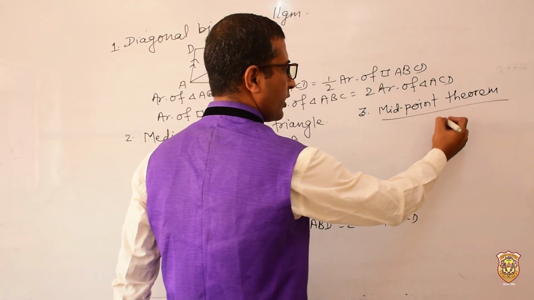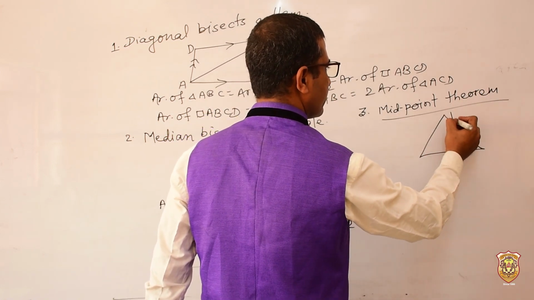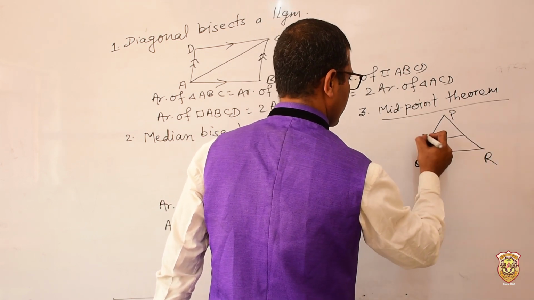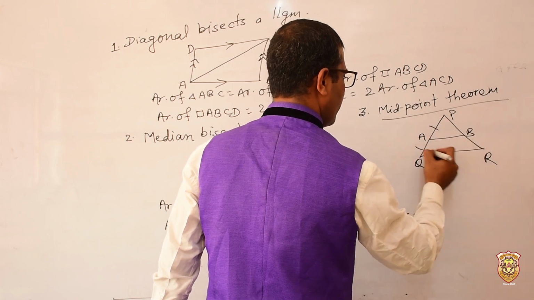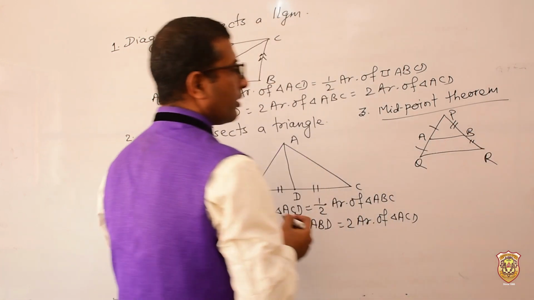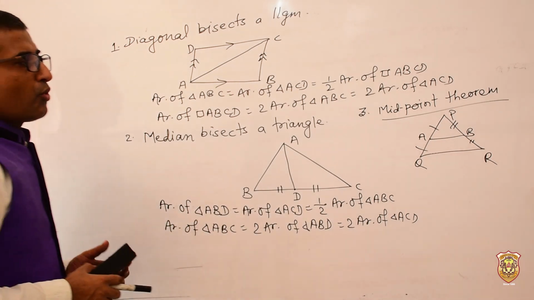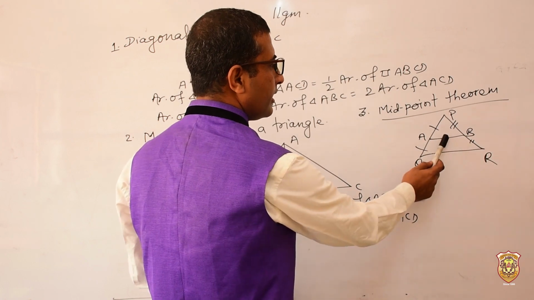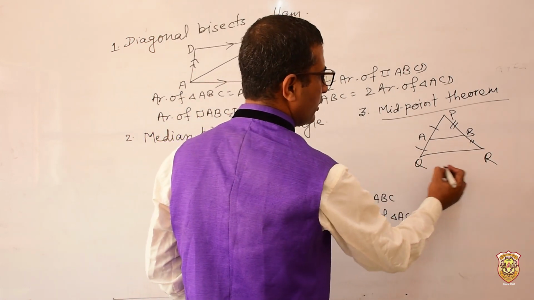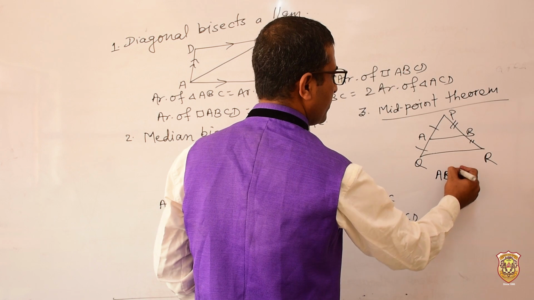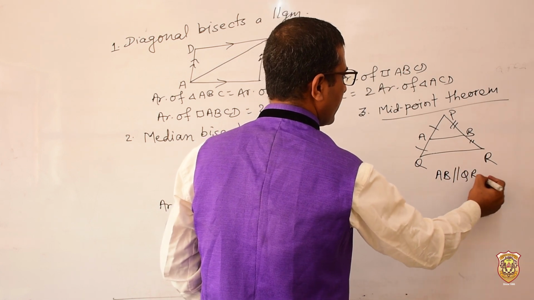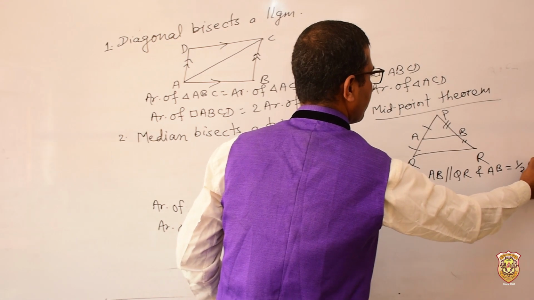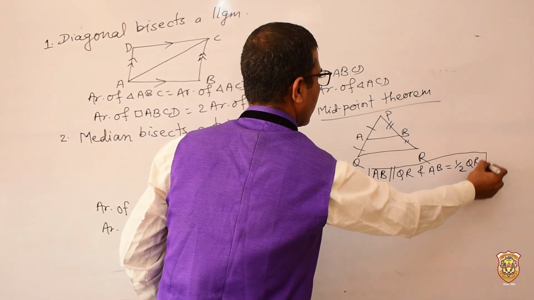In the midpoint theorem, what you have learned in class 9 is if A and B are the midpoints of the sides PQ and PR, then the relation between AB and QR is that AB is parallel with QR and AB is half of QR. That relation will be required.